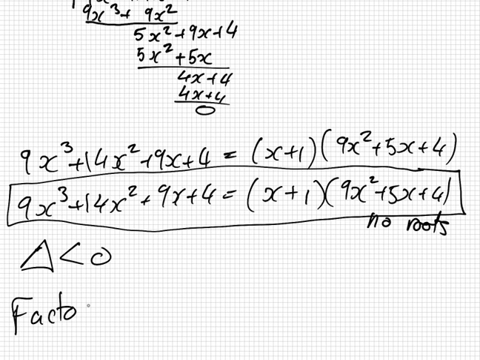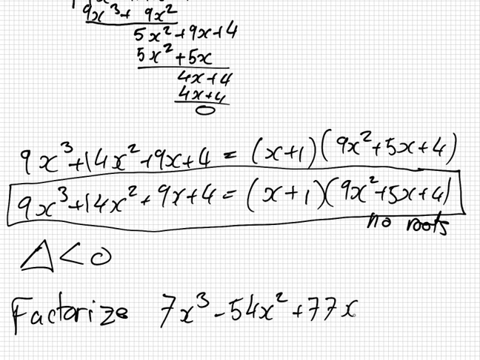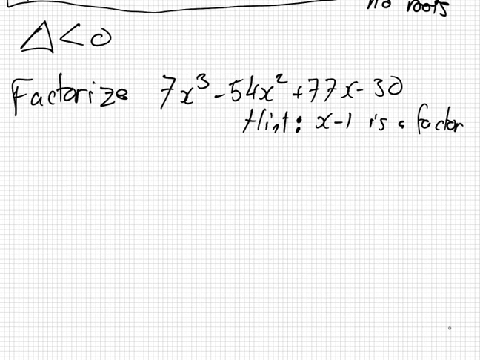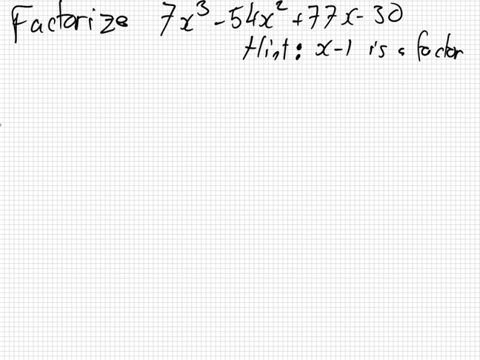Factorize 7x cubed minus 54x squared plus 77x minus 30. Hint, x minus 1 is a factor. Right, so just like before, we divide x minus 1 in.